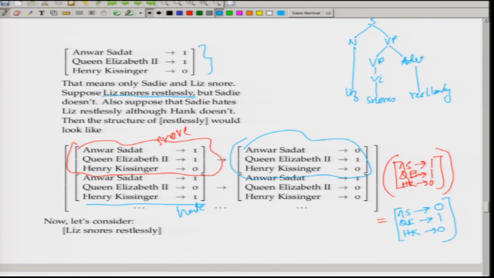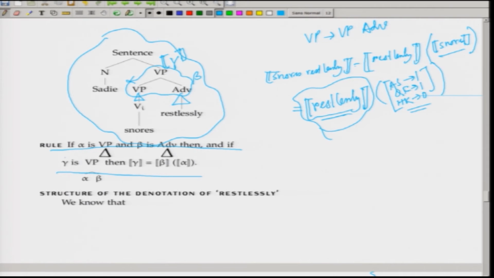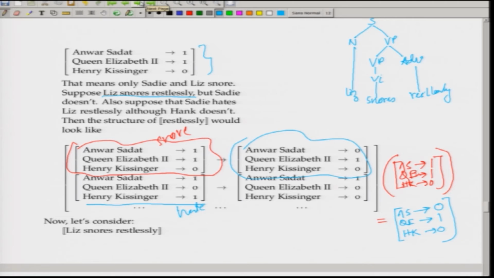Our assumption is actually Liz snores restlessly. So, our desired result is 1. We shall see how 1 is generated. Now, we can see that according to our rules, according to this rule, here restlessly takes snores. So, restlessly is actually this function, this big function.